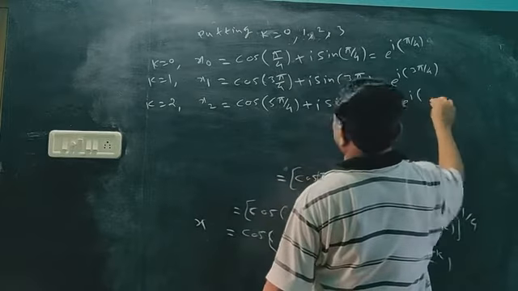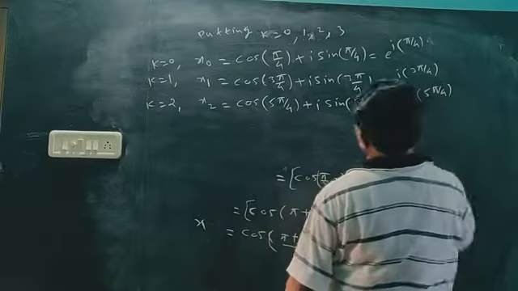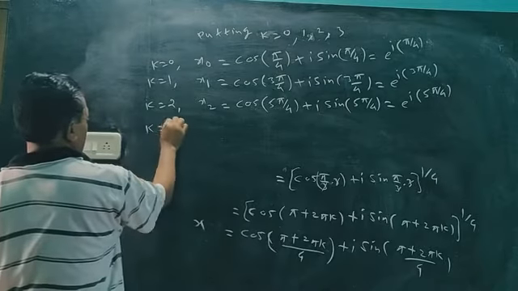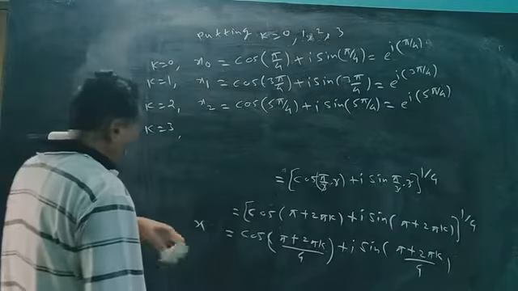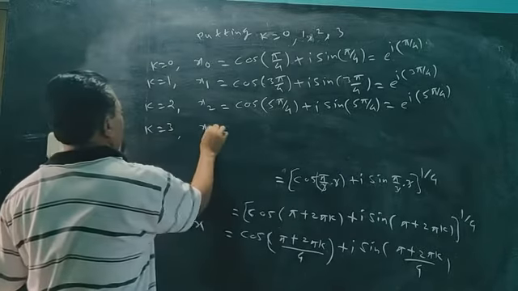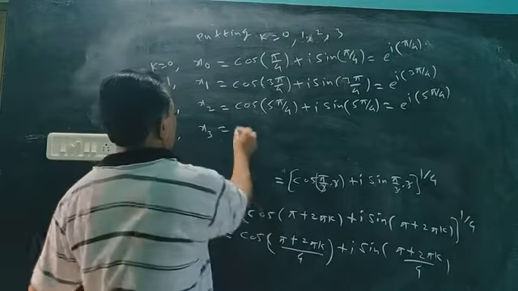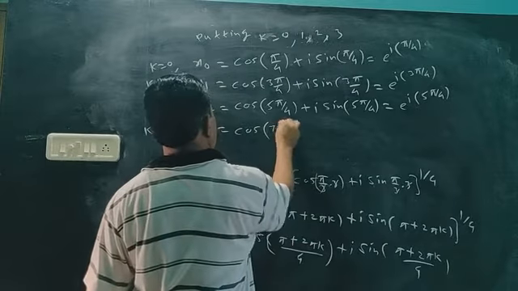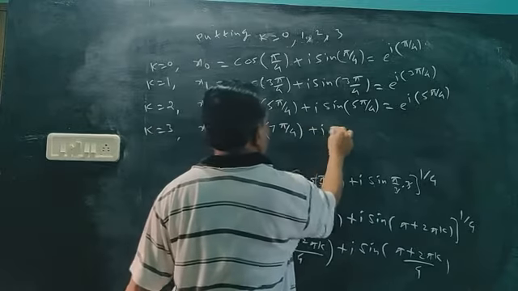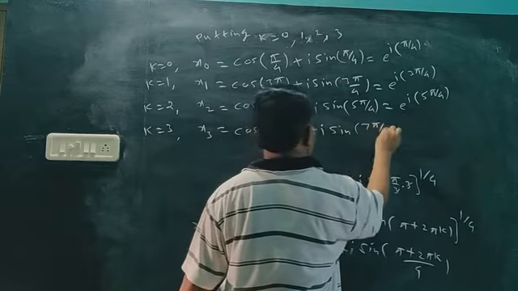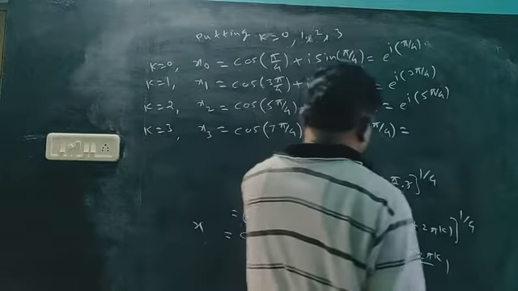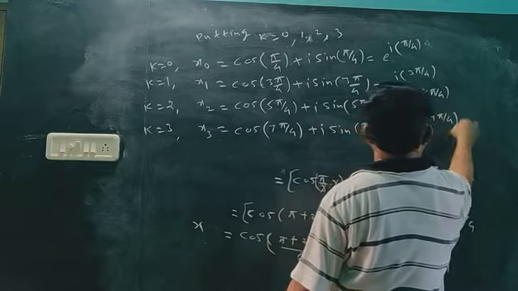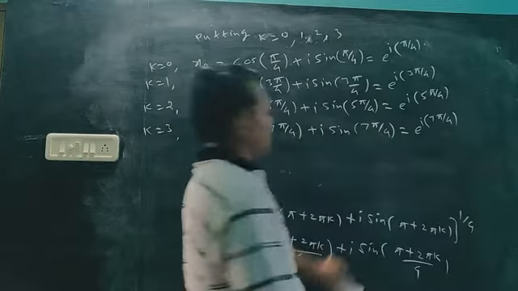This is e raised to power i 5 pi by 4. Okay, cos theta plus i sin theta is e raised to power i theta, Euler's formula. k equals 3, x3: cos of (k equal to 3, 6 plus 1) 7 pi by 4 plus i sin 7 pi by 4. This is e raised to power i 7 pi by 4. Okay, so these are the 4 values.